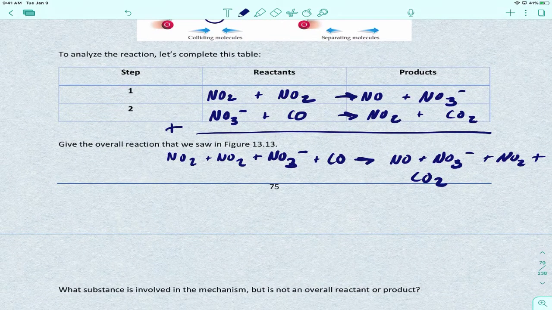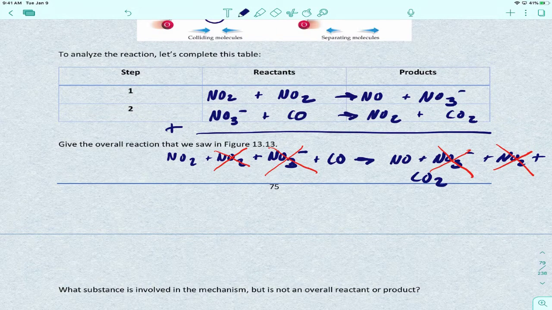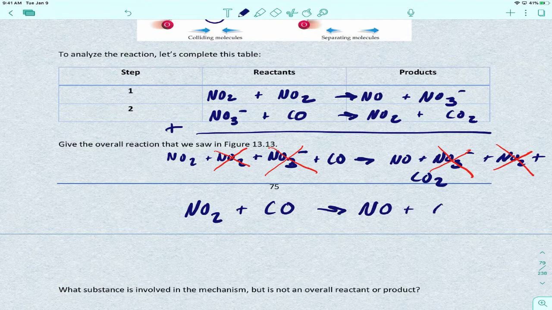Yeah, you've got the NO3 minus because that's shared. I'm going to cancel those out because it shows up on the left and the right-hand side. You also have a molecule of NO2 that shows up on the left and the right, so I'm going to cross those out as well. What we're left with is the overall reaction: NO2 plus carbon monoxide forms NO plus CO2.